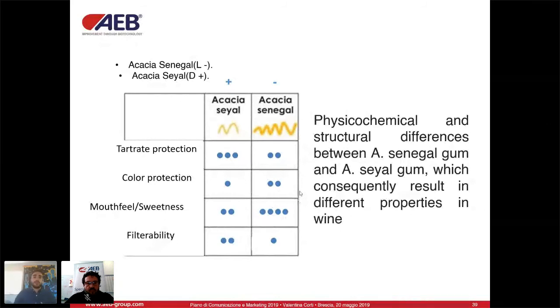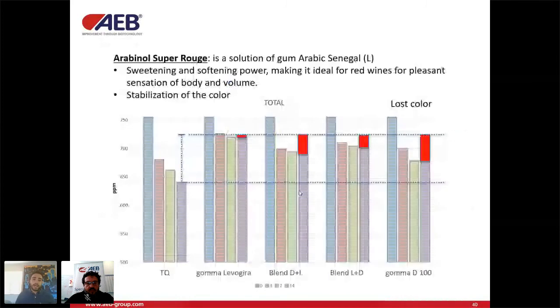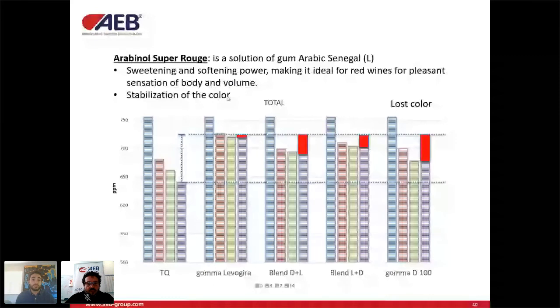So here is a study with our Arabinol Super Rouge that is 100% Acacia Senegal. This one was the control wine, and this was the Arabinol Super Rouge.